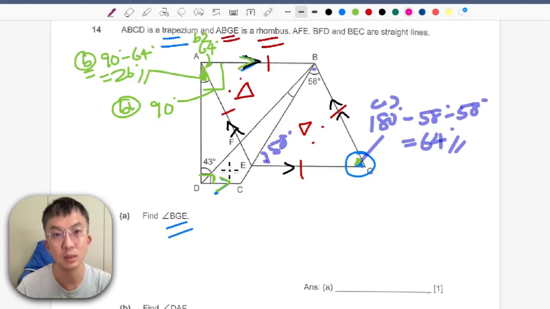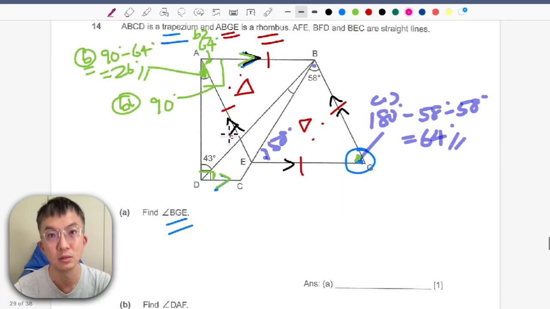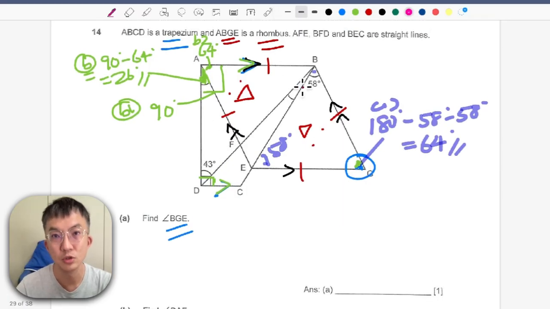Okay, now for the last one, they are asking for angle DBC. So where's DBC? Which is over here. Okay, and you can see that for the fact that it's consolidating over here, that means if we can find this angle and minus this angle and minus this angle, we'll be able to get this angle. Okay, and for the fact that it's a rhombus, actually it's pretty straightforward.